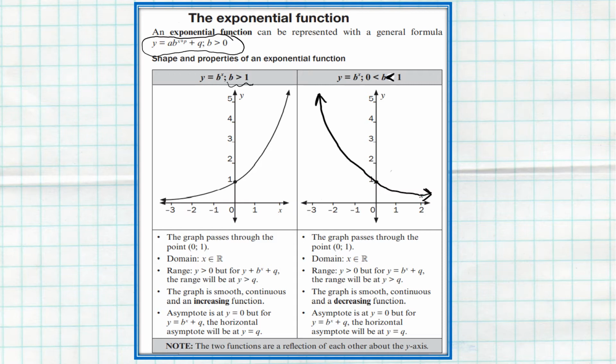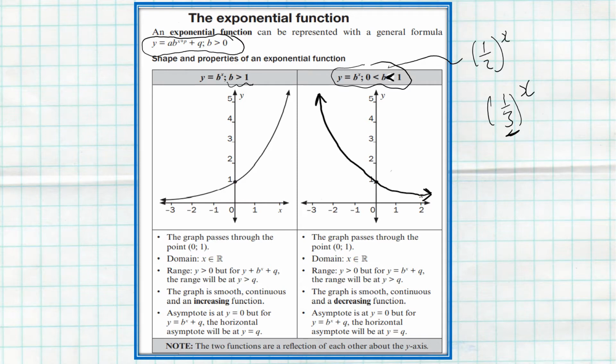And on this other side, we have y equals b exponent x, but your b must be between 0 and 1. And in most cases here, you find that your b is actually a fraction. For example, you can find 1 over 2 exponent x, 1 over 3 exponent x, like that. So we know that our b here is between 0 and 1, right?